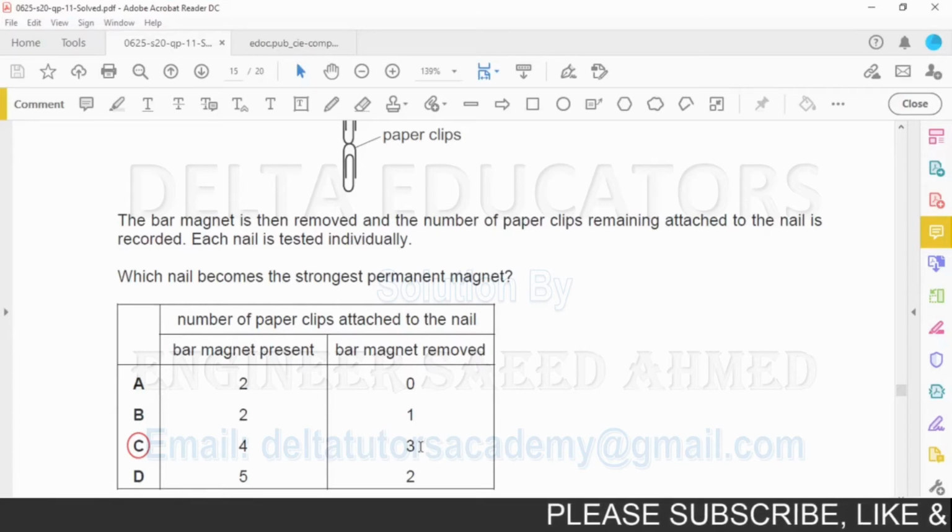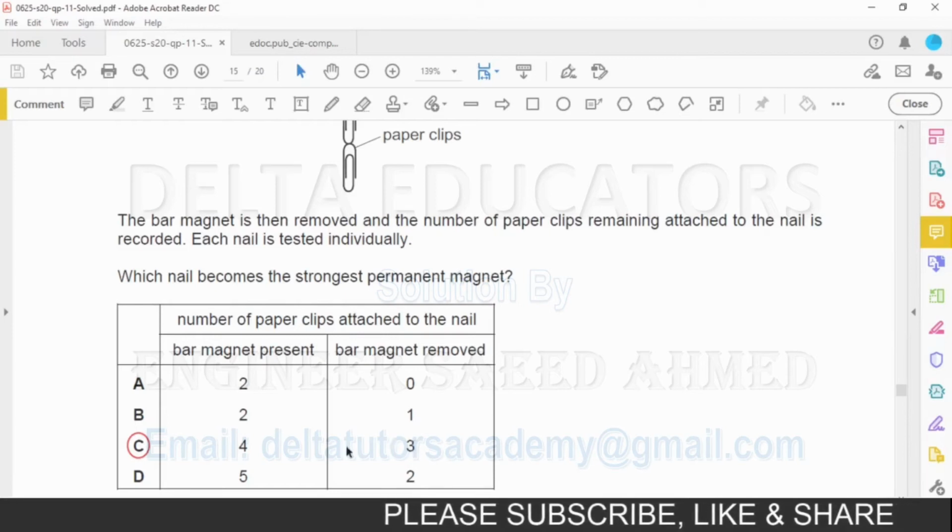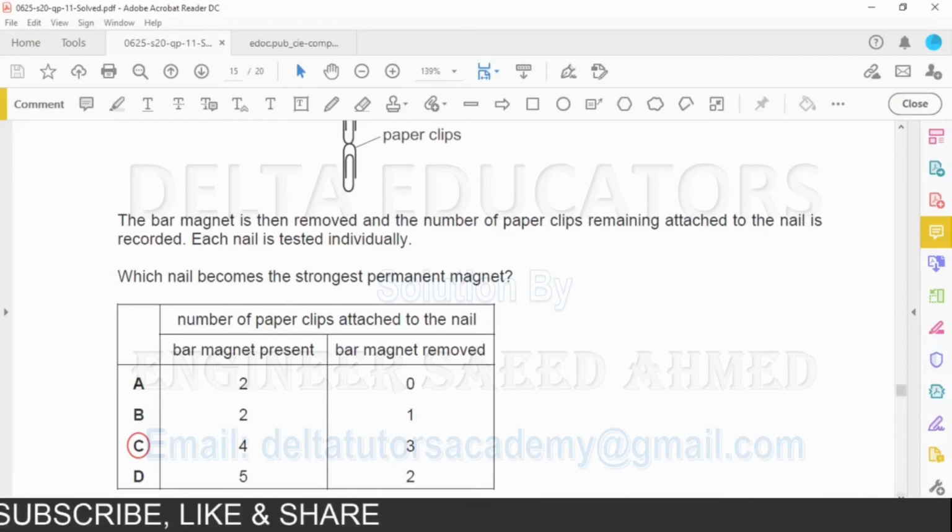That magnet will be the strongest magnet. So here 3 clips are still attached to the nail, and it is the maximum quantity of clips attached to the nail. So our correct option is option C. Here this one is the strongest magnet.